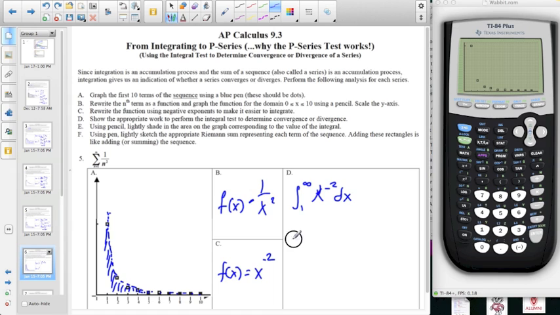And so as we are evaluating this, using the power rule, we bump this up by 1. That's a -1. The reciprocal of that is still a -1. So we're going to get the limit as b goes to infinity of -1 x to the -1 from 1 to b.